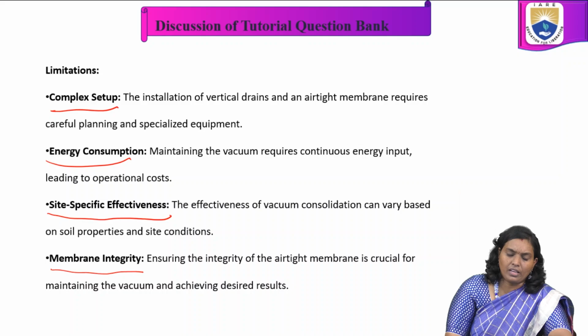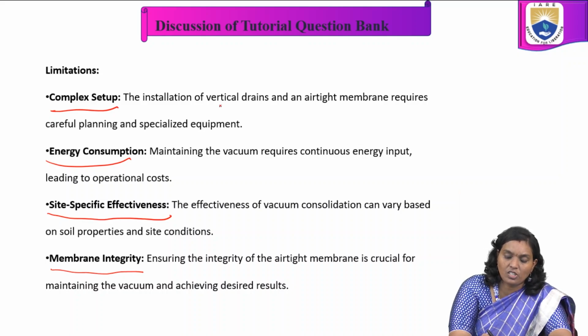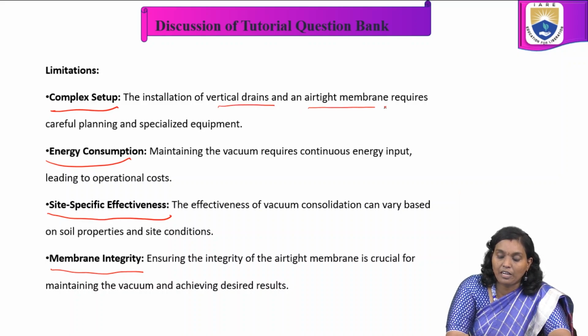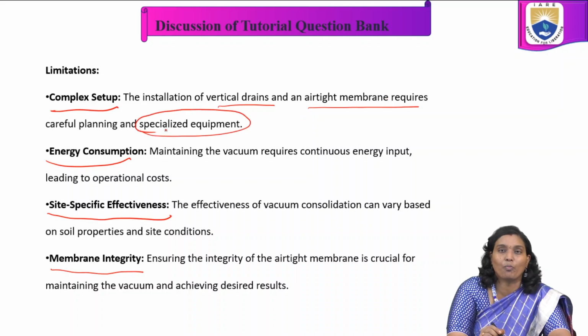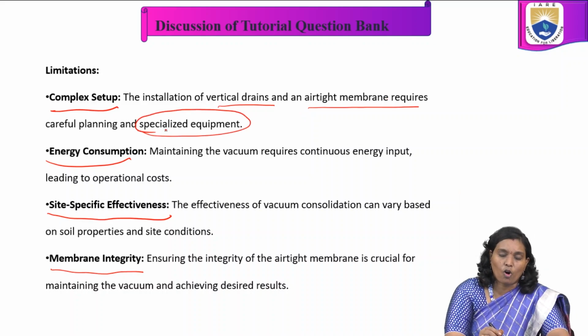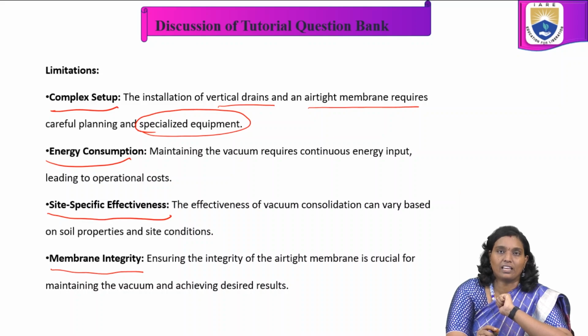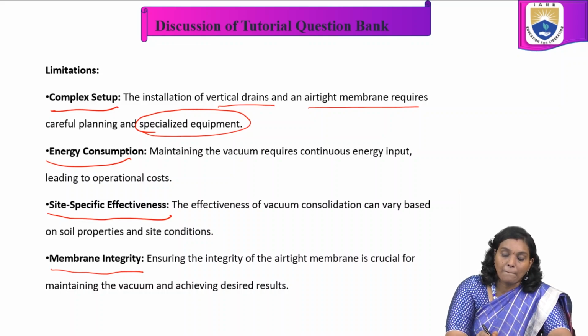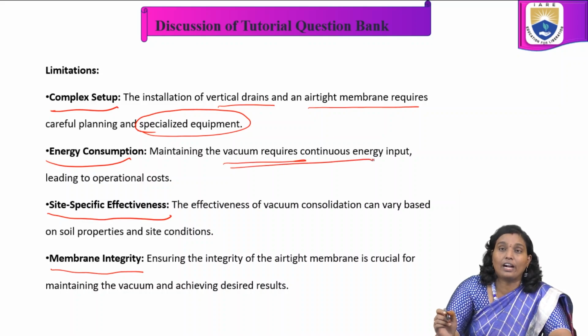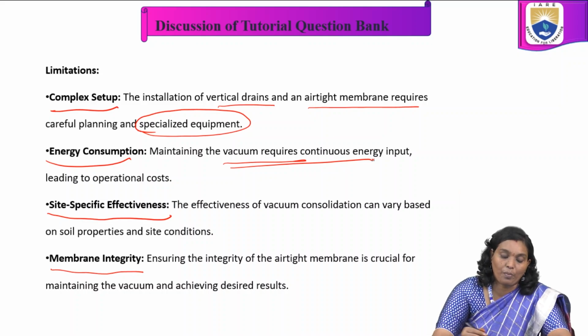Complex setup: the installation of vertical drains and airtight membrane requires careful planning and specialized equipment. So the complexity of setup is there. This is one of the limitations of this technique. Energy consumption: maintaining the vacuum requires continuous energy input, leading to operational costs.